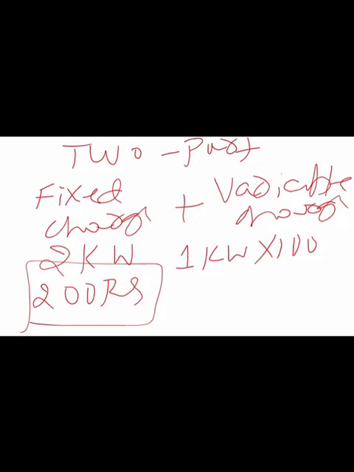A variable charge is similar to the block rate tariff, which we have already discussed. Depending on how much power we have consumed, you will be charged. If you have consumed 100 units, as I told you, the variable charge will have different blocks. So it is 5 rupees.